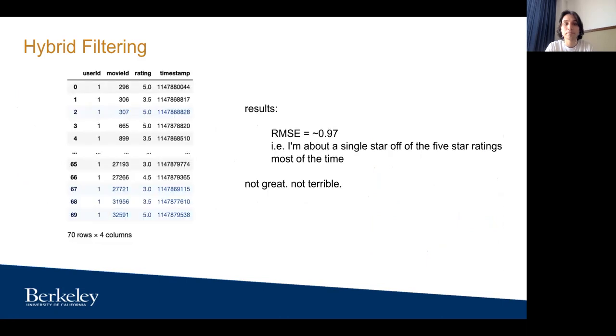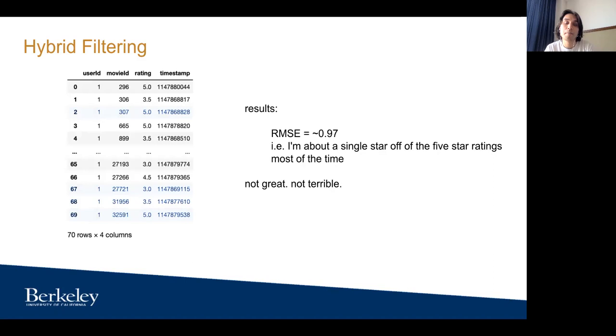For a 5,000 sample set, we got a root mean square error of about 0.97. So it's about a single star off of the 5-star ratings most of the time. This is not great, but it's not terrible. A root mean square error of like 3 would be really bad because it would basically be no better than guessing.